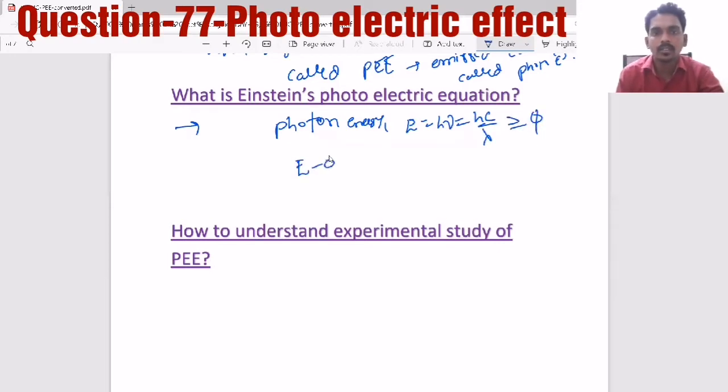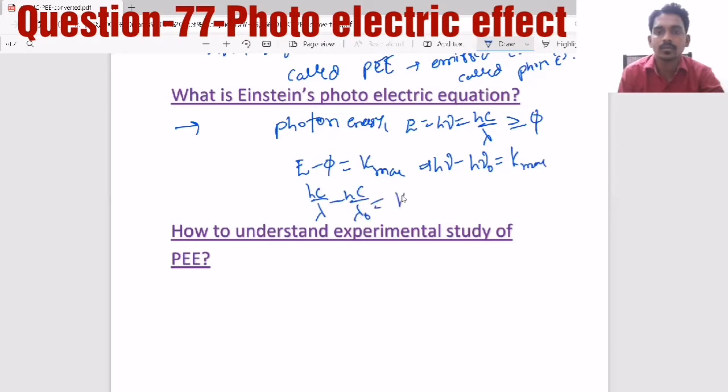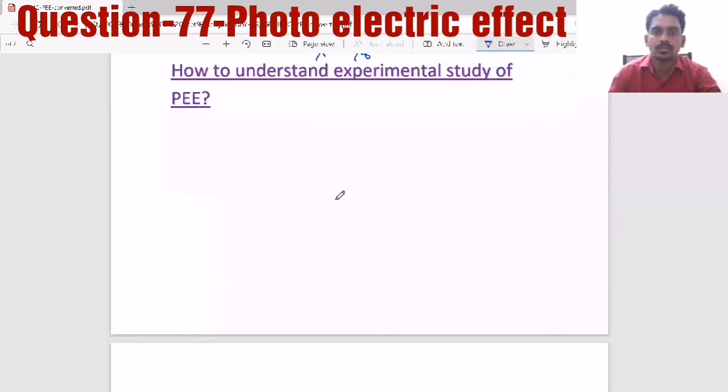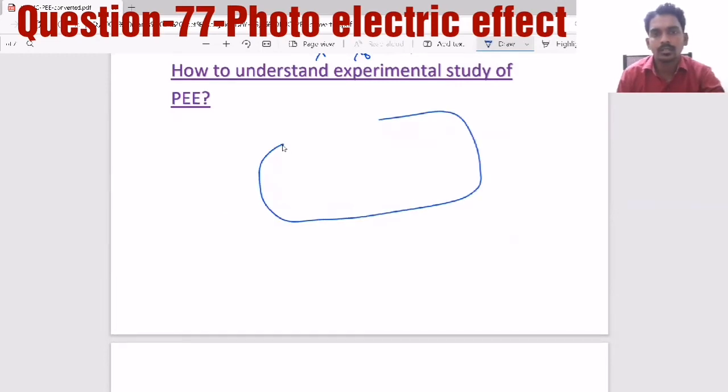Then E minus phi equal to K maximum, or h nu minus h nu naught equal to K maximum, or hc by lambda minus hc by lambda naught equal to K maximum equal to eV naught. Now we have seen the same thing in the last lecture also.